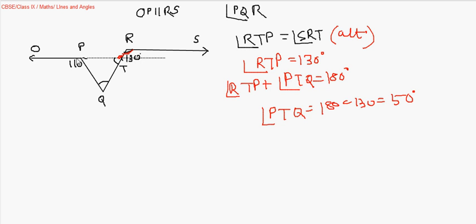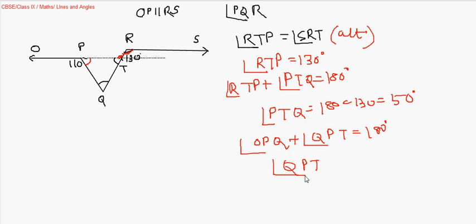Now OPQ plus QPT will also be 180 degrees, because that is a linear pair. So QPT will be 180 minus 110, that makes it 70.